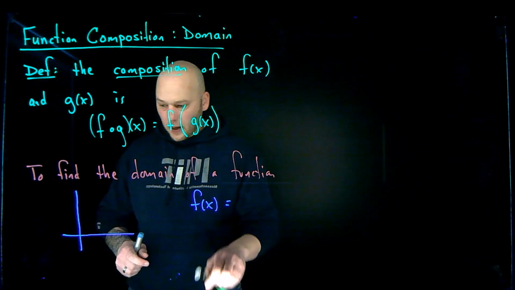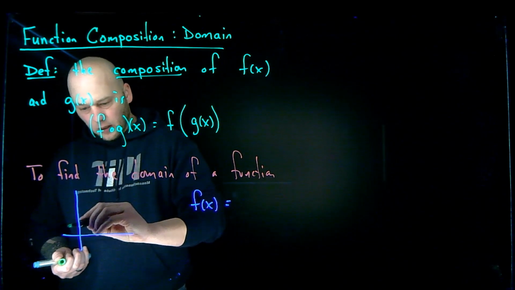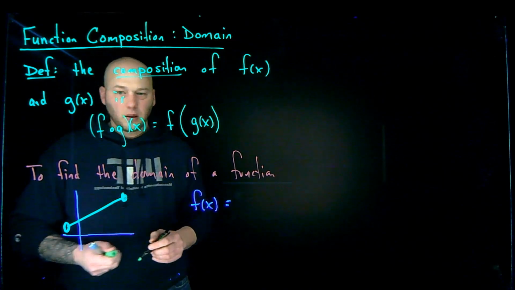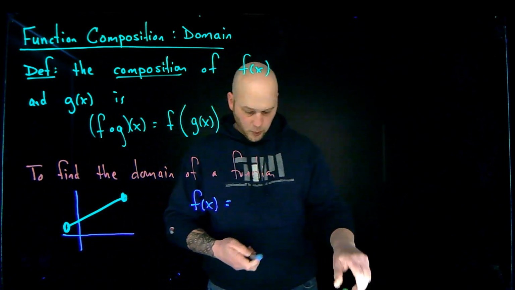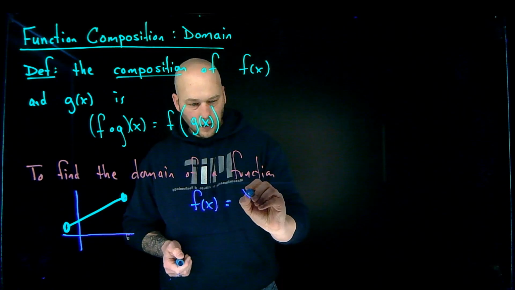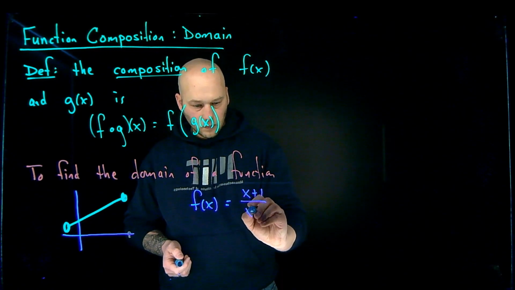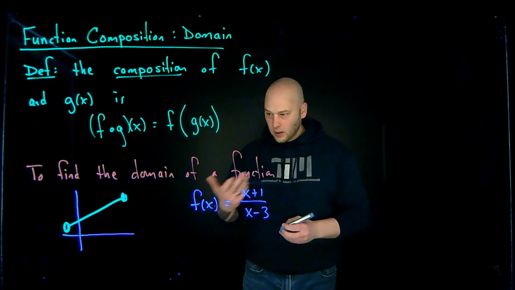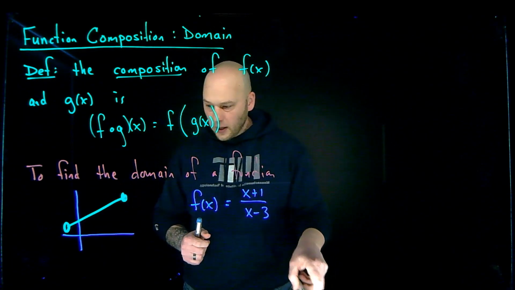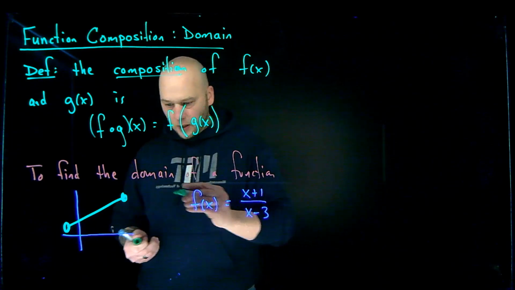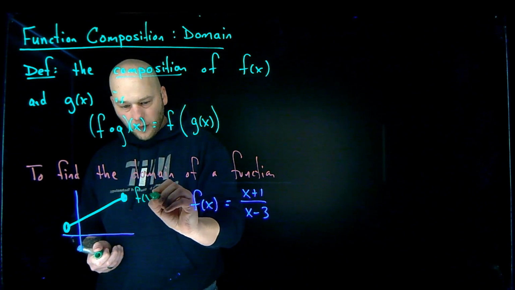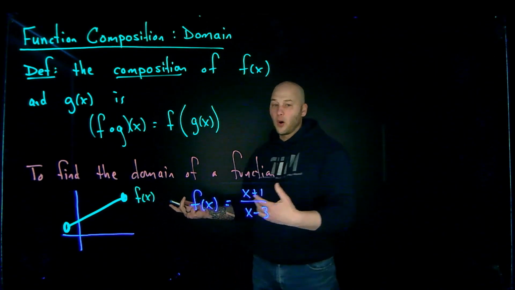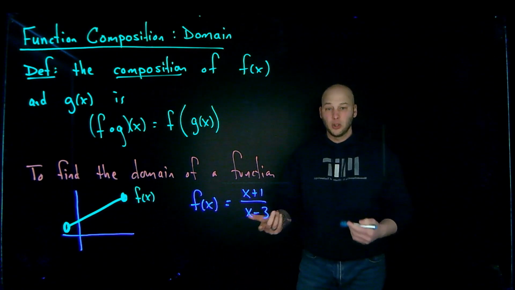If I give you a graph, let's say it looks something like this, and if I give you a function expression, maybe it looks something like this. Now, in the right-hand example, where this is a function, say f of x, to find the domain, I actually look for what x values am I actually using.